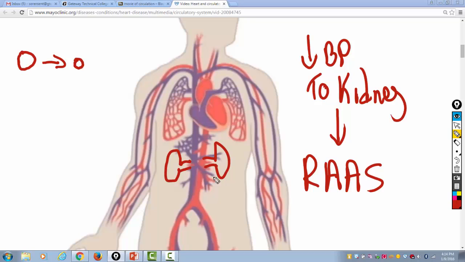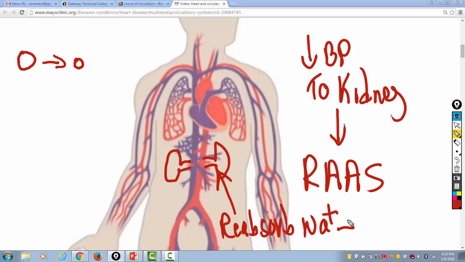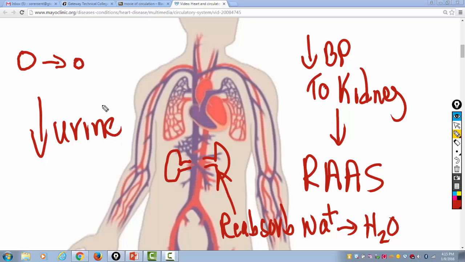And in the kidneys, it's going to cause the kidneys to reabsorb sodium. And if you reabsorb sodium, water will follow by osmosis. So the renin, angiotensin, aldosterone mechanism is another compensatory mechanism. The activation of the sympathetic nervous system, that's going to kick in. So if you reabsorb sodium in the nephron and the water follows, and blood flow to the kidney is dropping, urine output is going to drop as well.